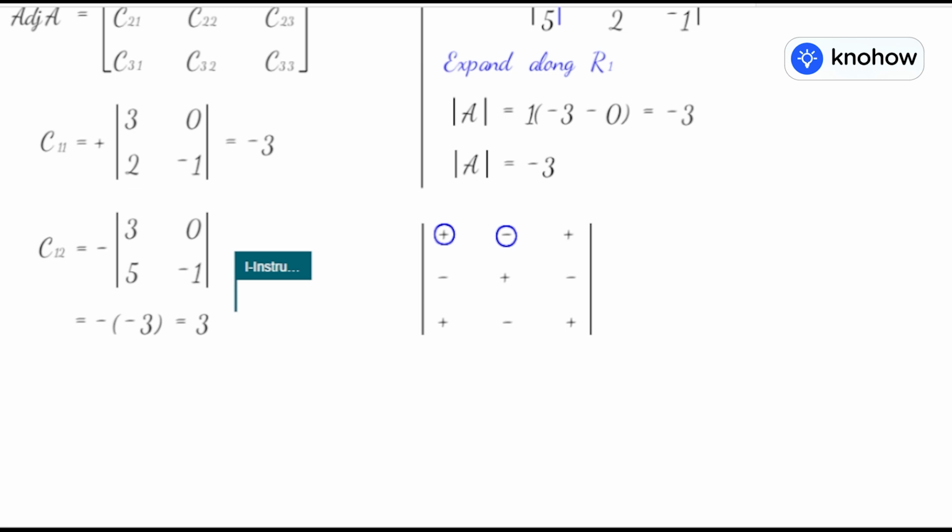I am directly replacing. So the value of adjoint A will be the transpose of, just work out the cofactors with proper signs and write down in order. So you get minus 3, 3, minus 9, 0, minus 1, minus 2, 0, 0, 3.